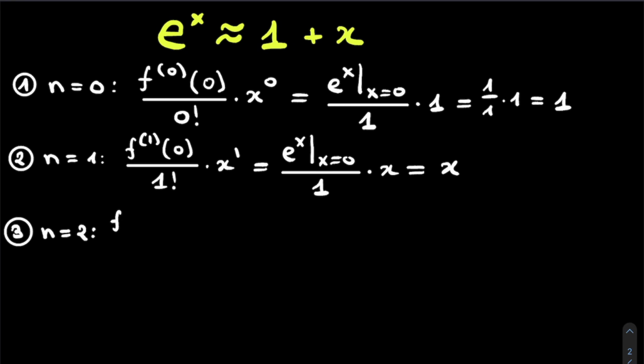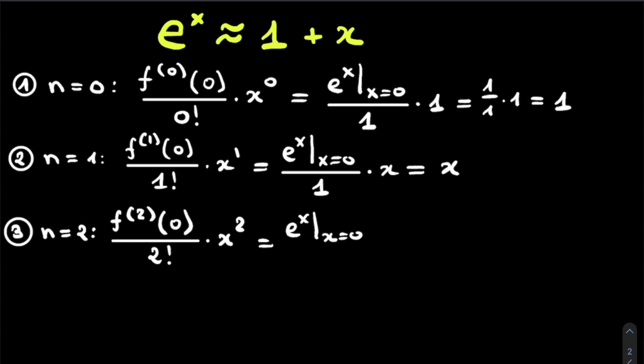So we get in this case the second derivative of our function, again filled in x is equal to 0. We divide this by 2 factorial multiplied by x to the power of 2. Again, since the second derivative of e to the power of x is again e to the power of x, we get e to the power of x filled in x is equal to 0, and then we divide this by 2 factorial, and we multiply by x to the power of 2.